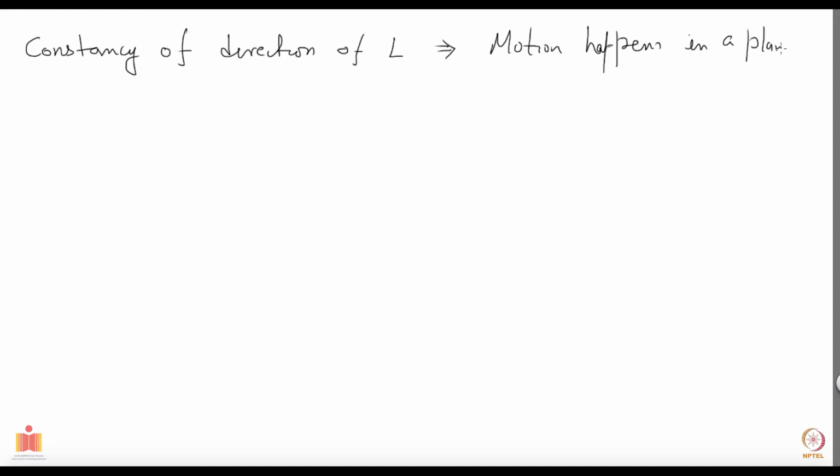And the reason, as I said, is because R and L have to be perpendicular, and that's because of the cross product definition. Okay, that's nice.